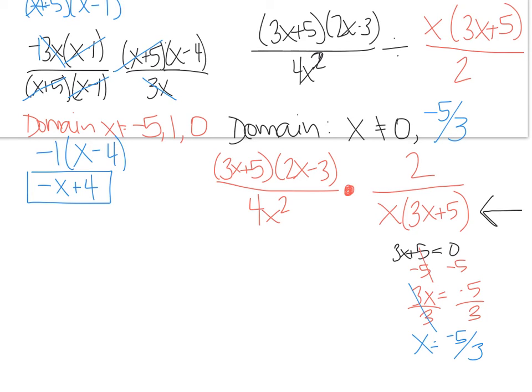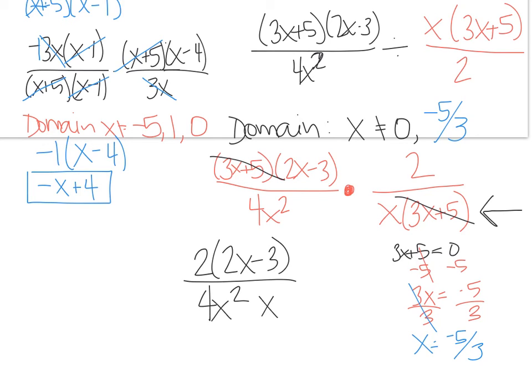Now that I finally found all of my domain values, I can go ahead and cancel anything that appears on top and on bottom. So 3x plus 5 shows up in both areas. So I'm going to bring this 2 out front, so I have 2, parentheses, 2x minus 3, all over 4x squared, and then x.